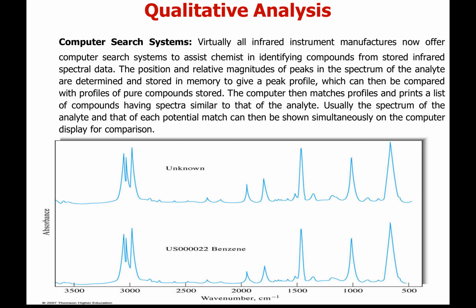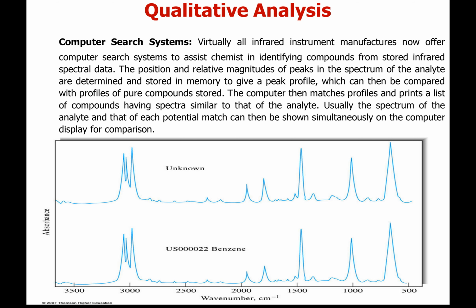For qualitative analysis, computer search systems: virtually all infrared instrument manufacturers now offer computer search systems to assist a chemist in identifying compounds. They have data banks of stored infrared spectral data. The position and relative magnitudes of peaks in the spectrum of an analyte are determined and stored in memory to give a peak profile, which can be compared with the profiles of stored pure compounds. The computer then matches these profiles through fingerprinting and prints a list of compounds having similar spectra to the analyte.